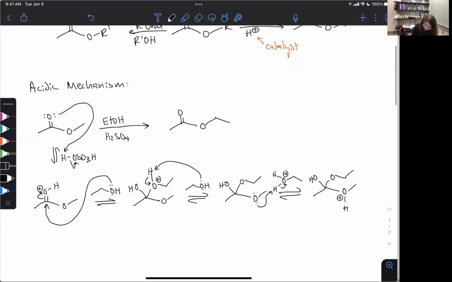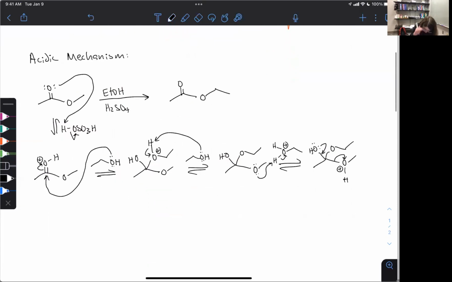All right, so now that we have our tetrahedral intermediate and we're ready to kick off our leaving group, we can reform our carbonyl, kick off that alcohol that we just made.